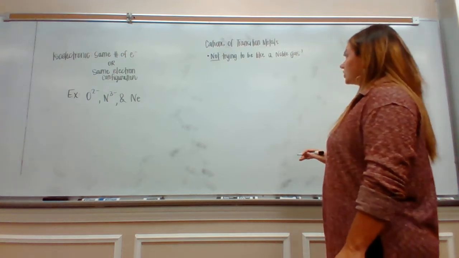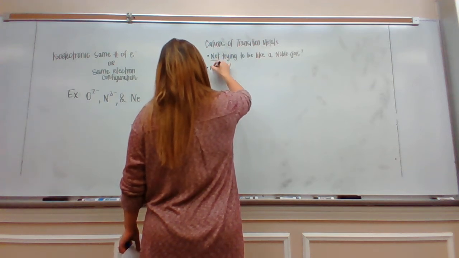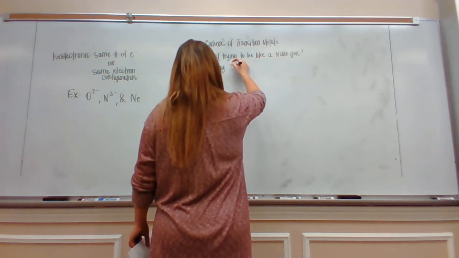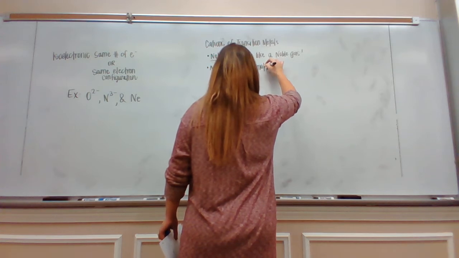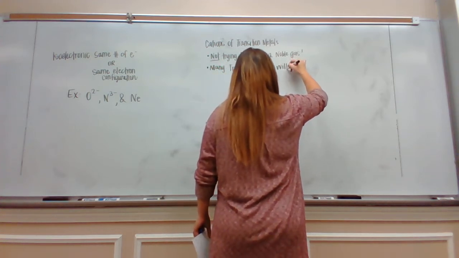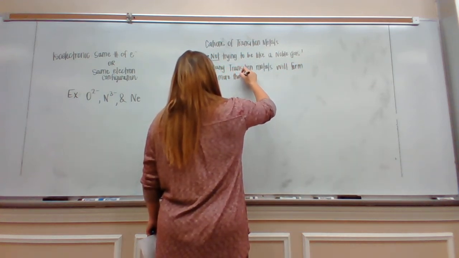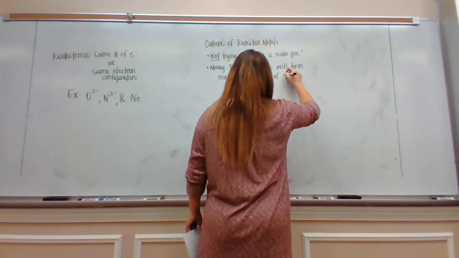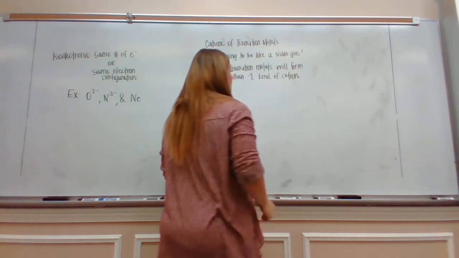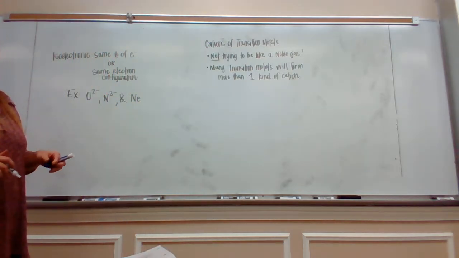Transition metals are not trying to be like a noble gas. Many of your transition metals, and that's actually why they're called transition metals, will form more than one kind or type of cation.